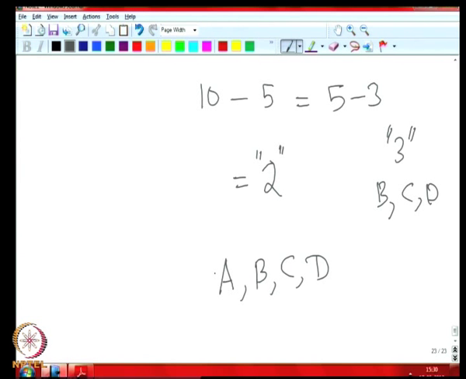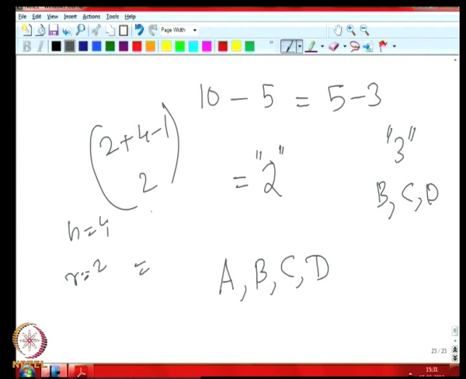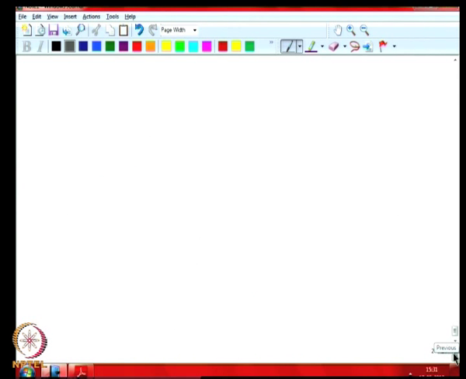But this can be done in how many ways? Here the number of types is again n equal to 4, r equal to 2. So we have 2 plus 4 minus 1, choose 2 ways of doing this, that is 5 choose 2 ways.